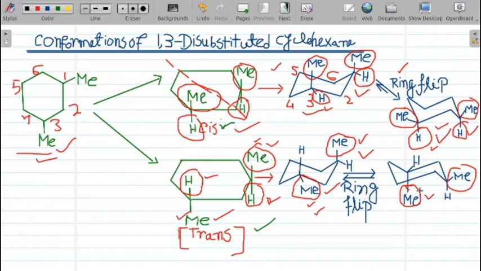So the two conformers will be present in the same composition. These two conformers are present in the same composition in the trans isomer.